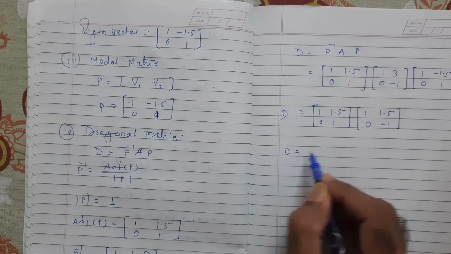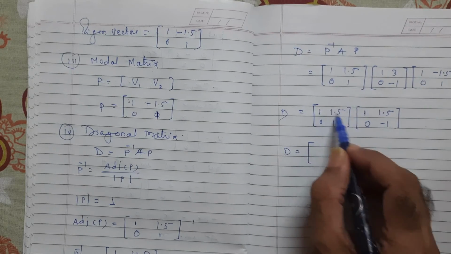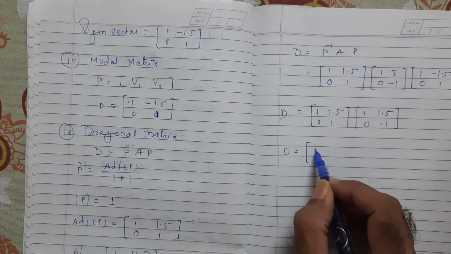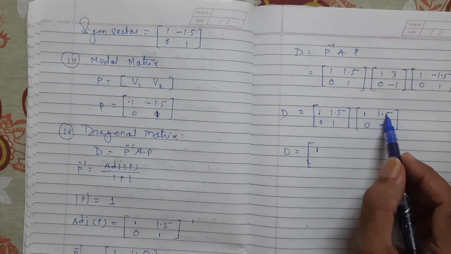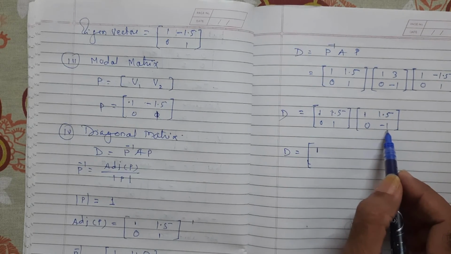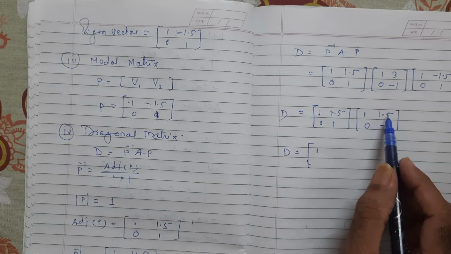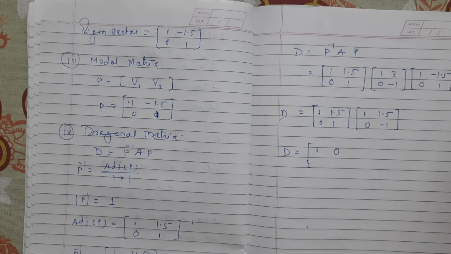So D is equal to, this is 1 into 1 and minus 1.5 into 0 is 1. So here is the 1. Here is 1.5, and this is 1.5 into minus 1 that is minus 1.5. So plus 1.5 minus 1.5 becomes 0.